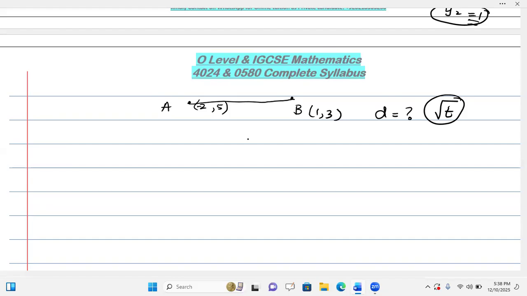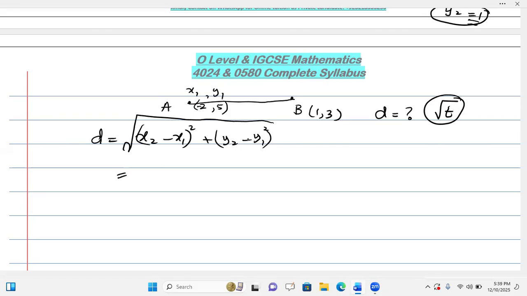So for that purpose, just apply the distance formula: square root of (x2 minus x1) whole square plus (y2 minus y1) whole square. This is your x1, this is your y1, this is your x2, this is your y2.